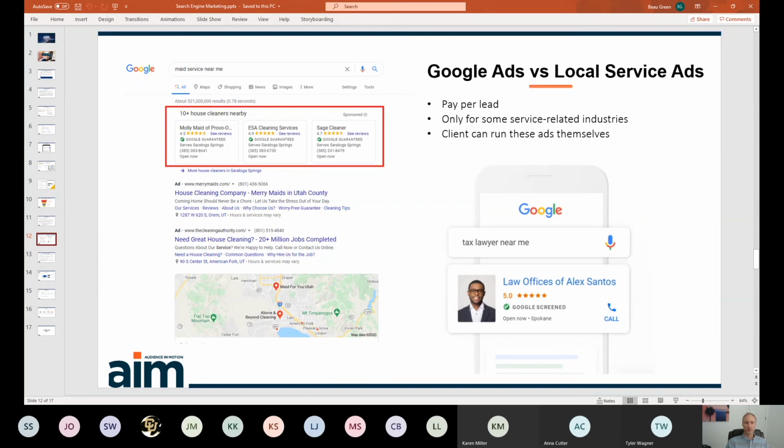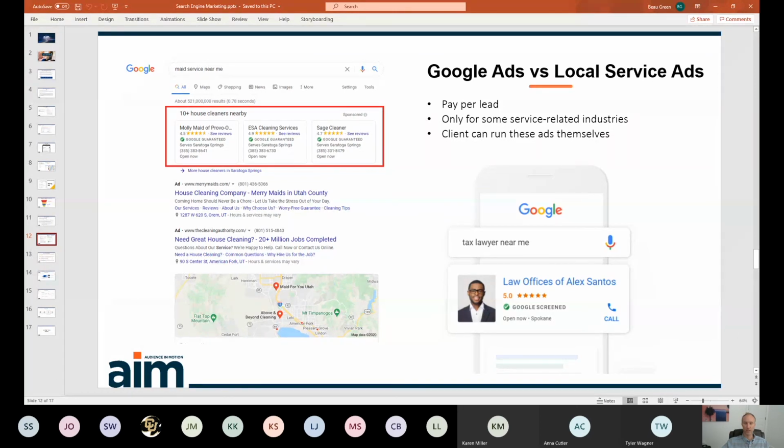So one product that Google recently released is called local service ads. Now, local service ads are different from Google ads, and I don't want to include this to really confuse anyone, but if you do a search and you see these little boxes of ads, these are actually called local service ads, and they're more geared for service-related industries. We really just recommend, if a client wants these, that they run them themselves.